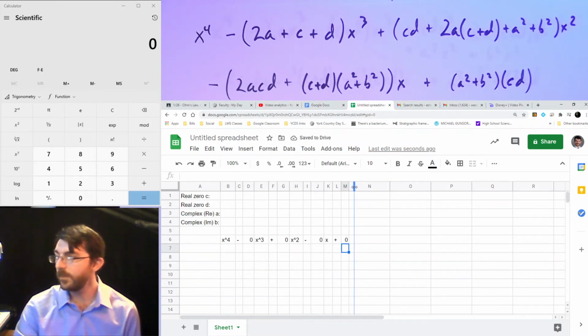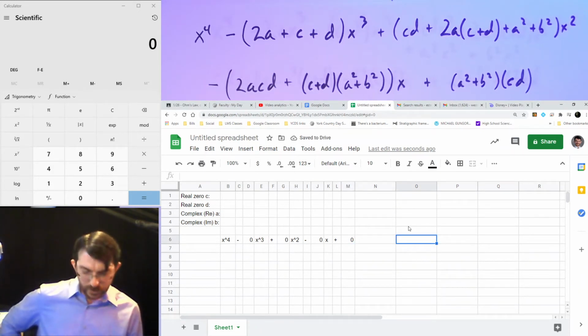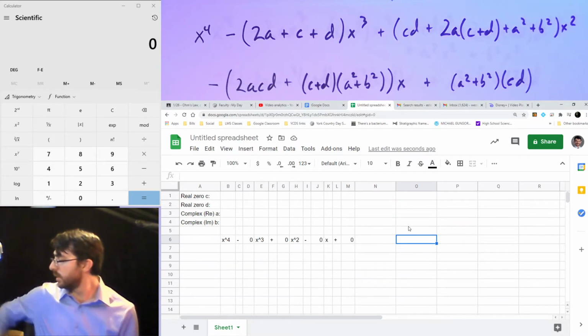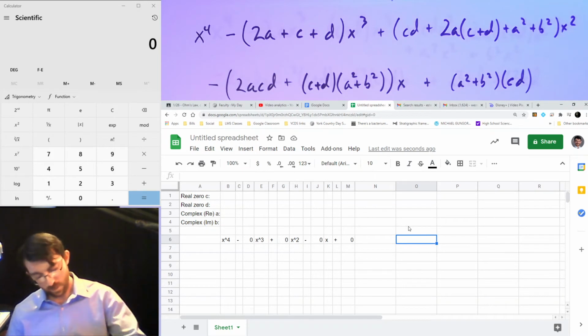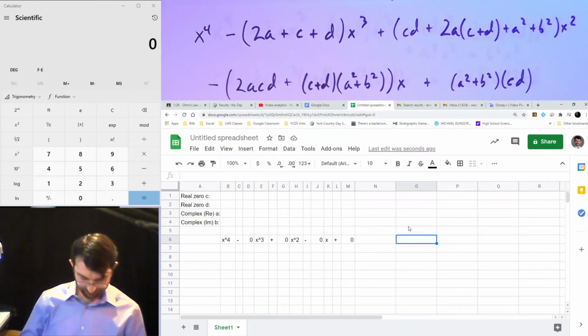I think it's time to try it out. Let's just take one that I've solved already. Here's one. Oh, that's a cubic, hold on.